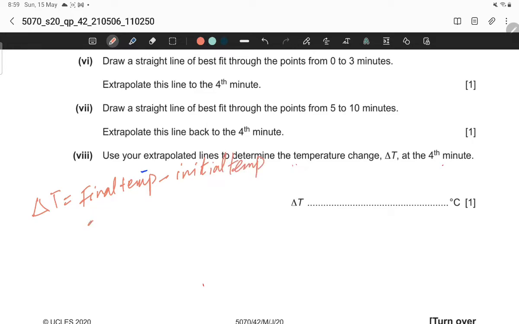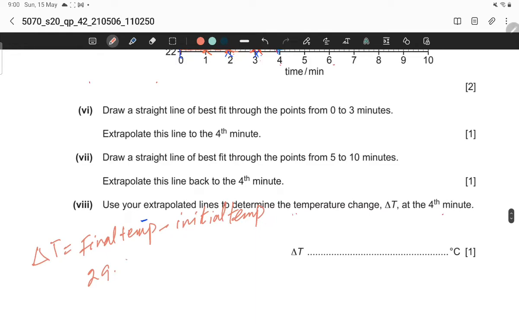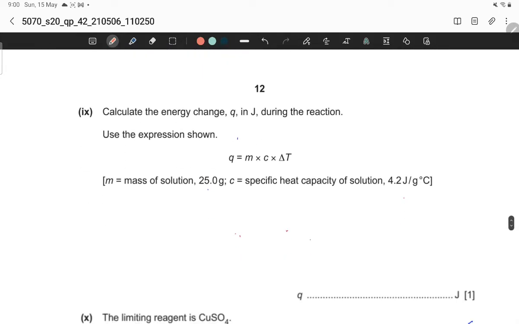The final temperature is 29.4 and the initial temperature will be 22.1. So this is equal to 7.2, roughly 7.3 I think, degrees centigrade.